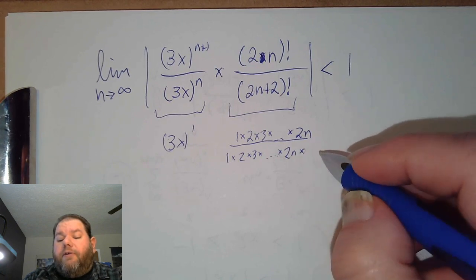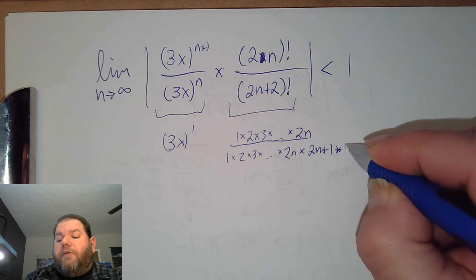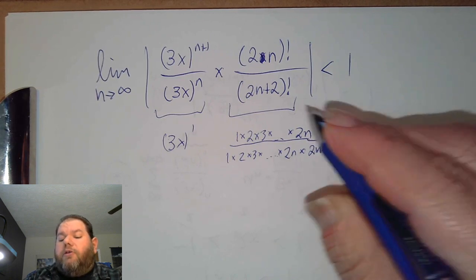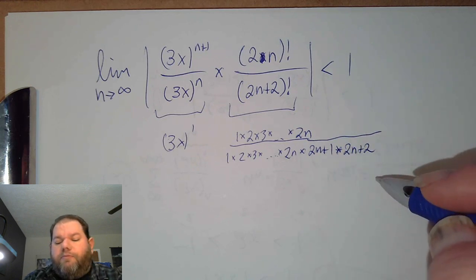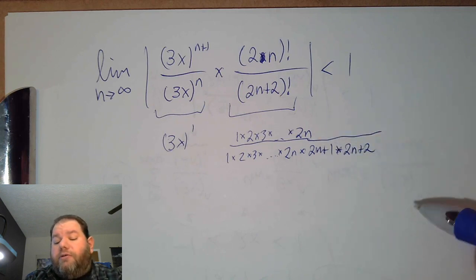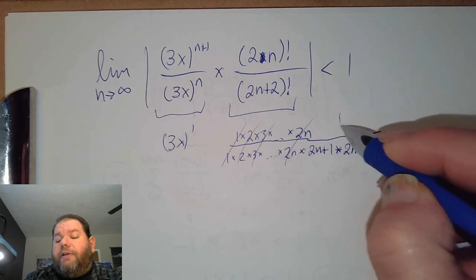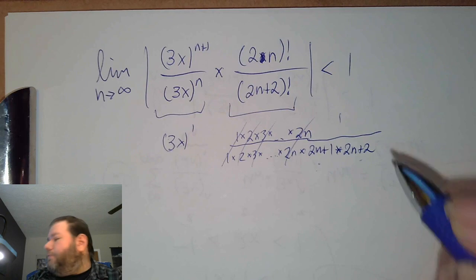The next number after 2n is 2n plus 1, and the next number after that is 2n plus 2. So we counted all the way up to 2n plus 2. We don't know what n is, but it's sufficiently large that we know we can look at this ratio. And what happens is all of these cancel out, and we're just left with 1 over 2n plus 1 times 2n plus 2.